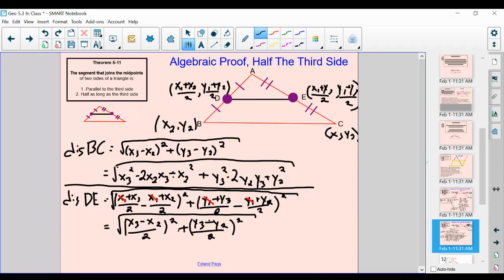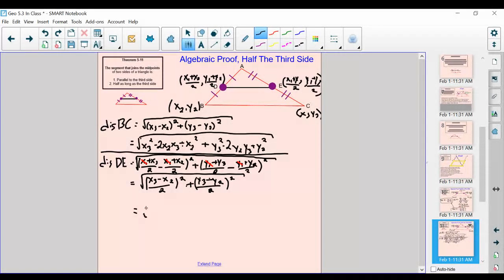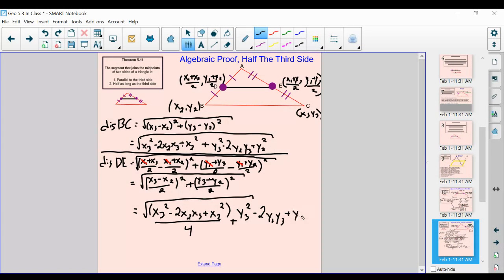Let me extend this page. There we go. So we get a big square root of x sub 3 minus x sub 2, which eventually turns into x sub 3 squared minus 2 x sub 2 x sub 3 plus x sub 2 squared, all of that over 4, plus, again, y sub 3 squared minus 2 y sub 2 y sub 3 plus y sub 2 squared, again over 4 because we squared the numerator and the denominator.